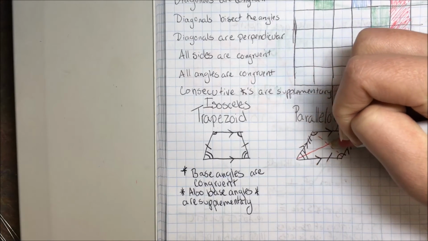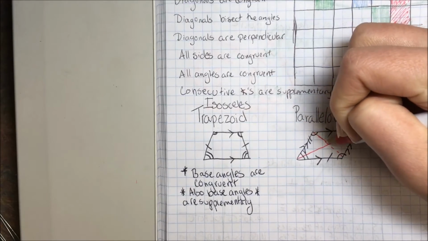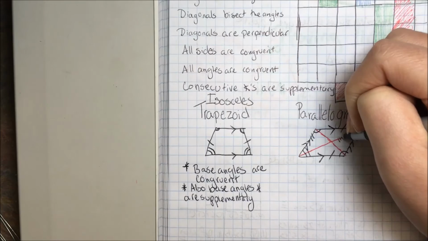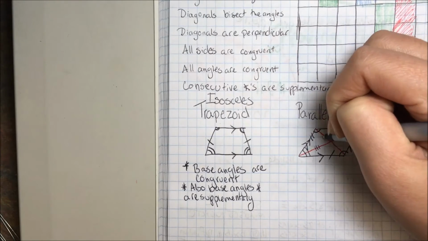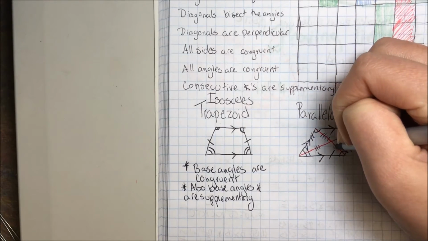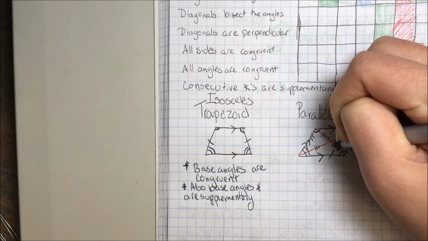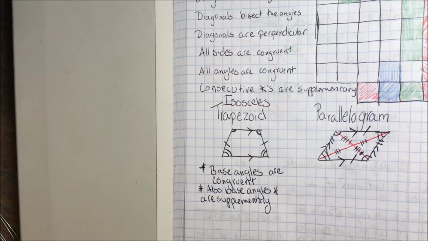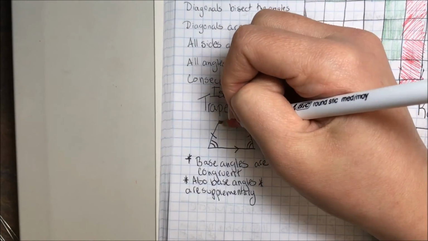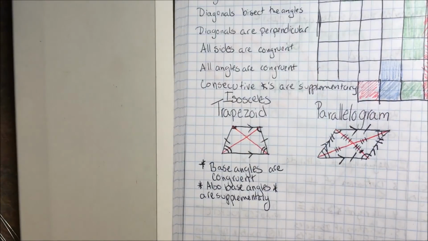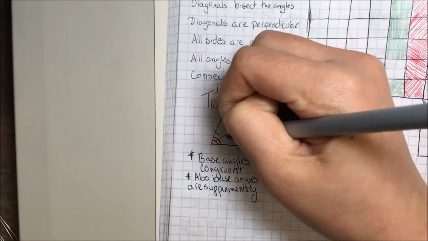So I'm going to draw in the diagonals in red. And they are opposite halves here are congruent as well. So the diagonals bisect each other. In a trapezoid, the diagonals are just congruent. So this is equal to that.